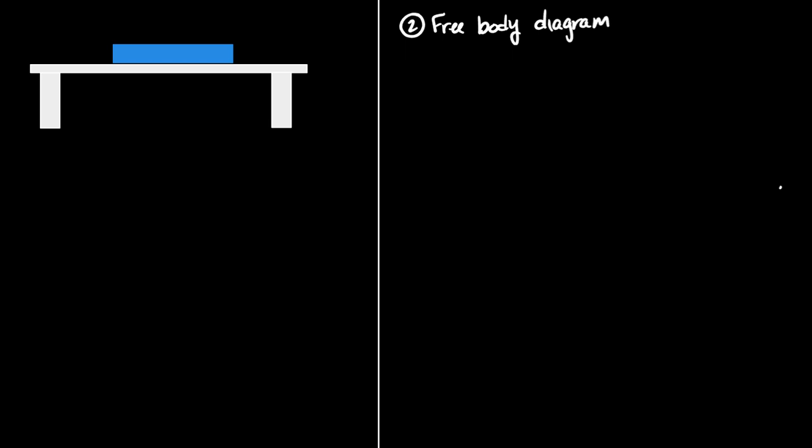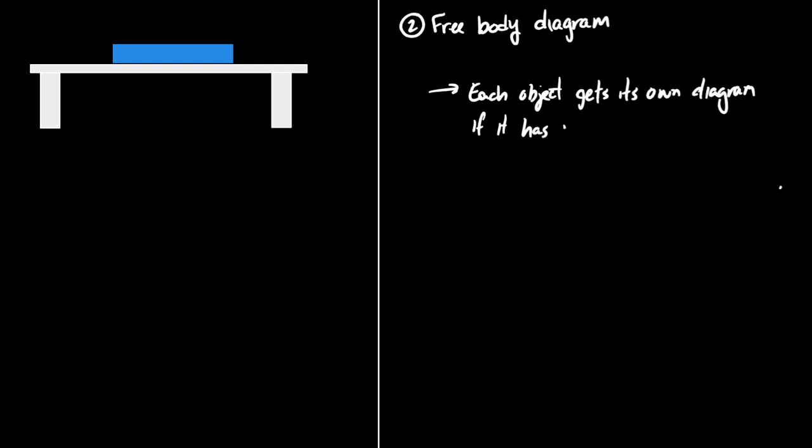The first thing is each object gets its own diagram, if it has mass and is a part of the problem.